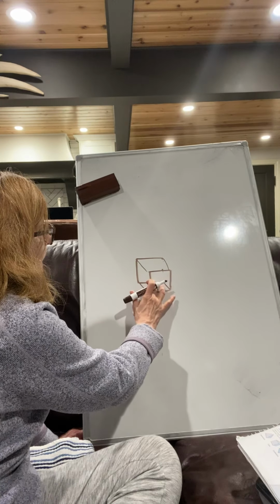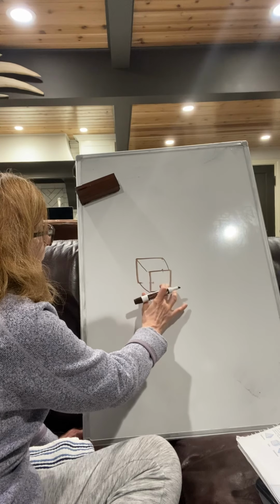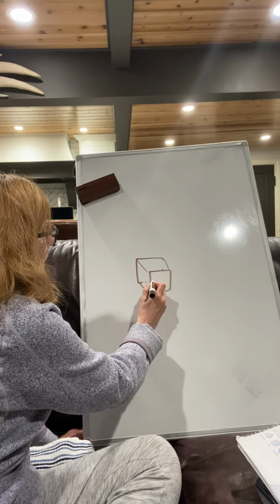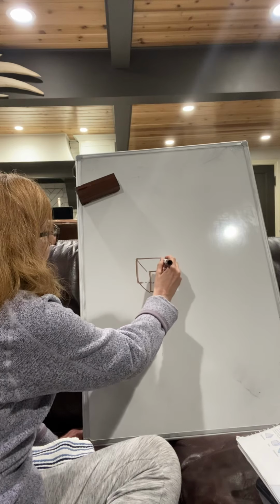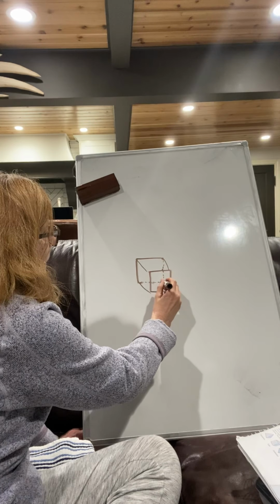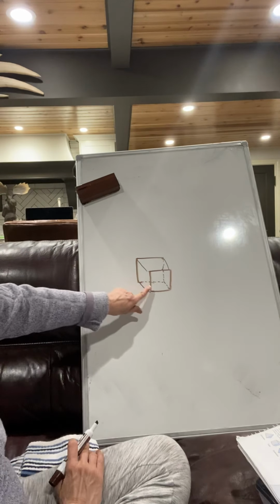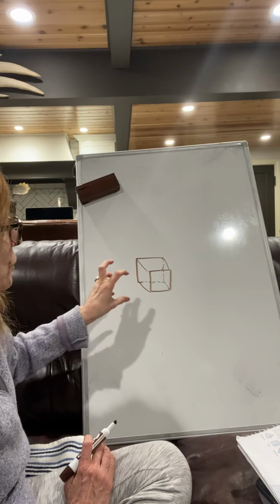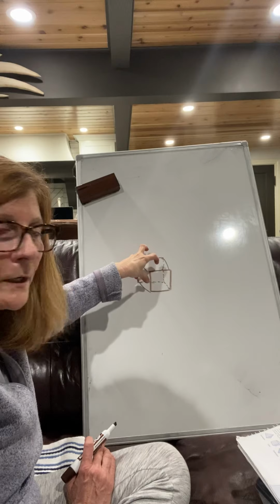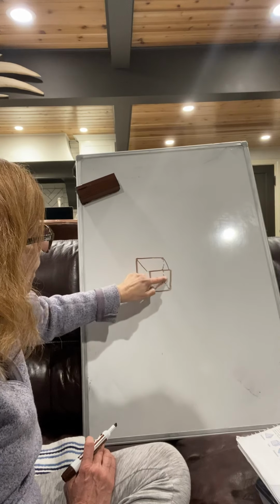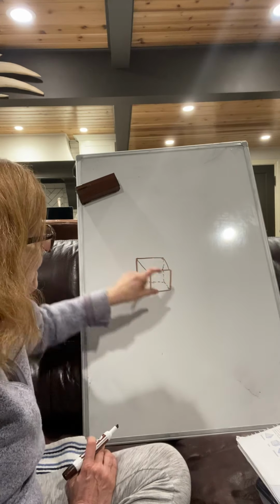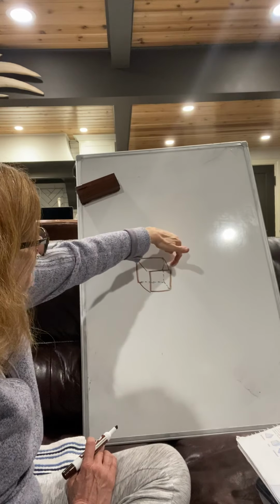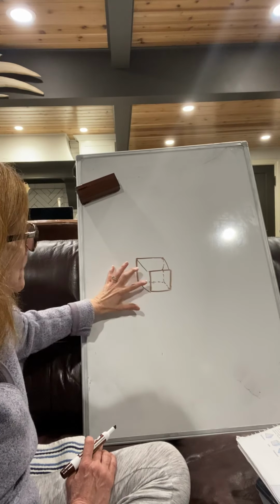See if I can do it. It'll be dotted lines. And those dotted lines show you that when you're looking at the cube, this is all you see. You don't see the back face and this face and the bottom face. You just see these three.